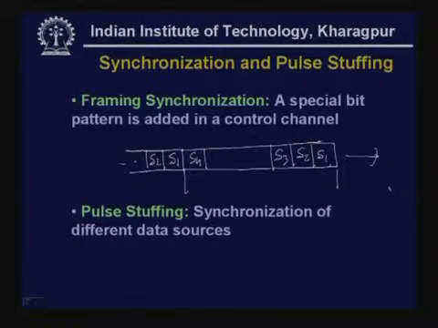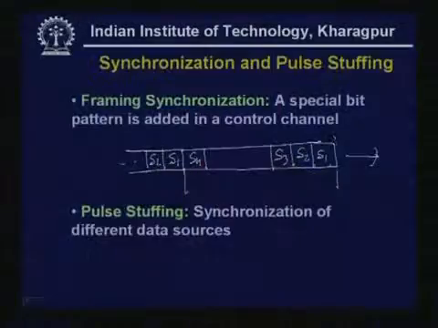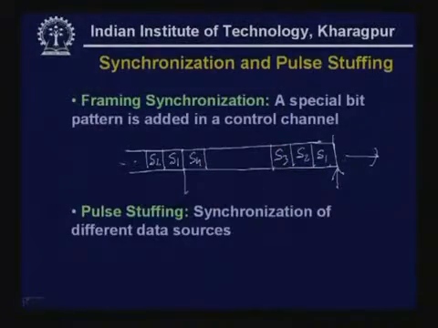Now, question arises, how does the receiving end identify that this is the beginning of a frame? After the beginning of a frame is identified, the data from each of these sources can be taken out, provided they operate at the same frequency. So, the requirement is that transmitter and receiver must operate at the same frequency, and moreover they should be able to identify the beginning of a frame.